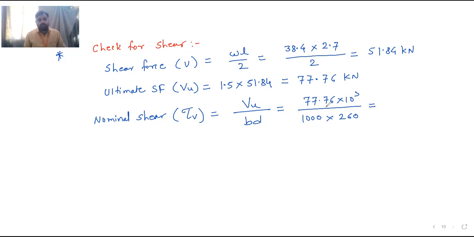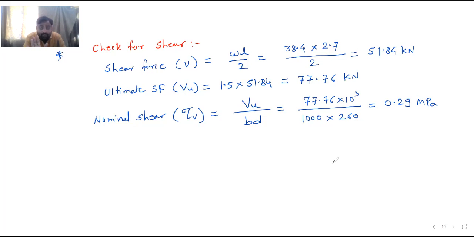That is 0.29. So this is 0.29 Newton per mm square. This is the nominal shear. This shear is getting developed in the stem. Nominal shear means this shear force or shear stress that is getting developed in the stem.